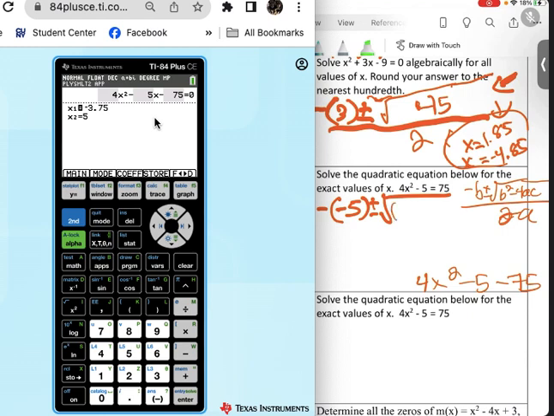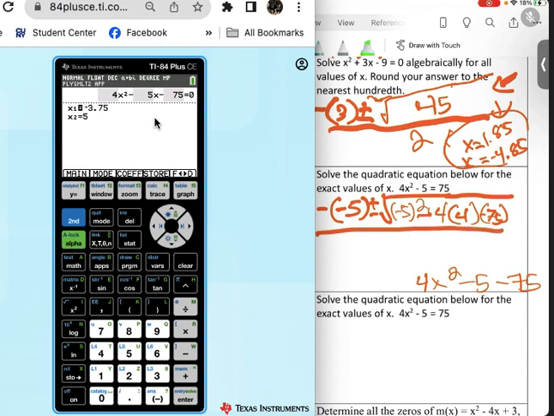Okay, so in here is minus 5 squared minus 4 times 4 times, what is c, is negative 75. I'm going to erase some of this to give me some space. So I have minus 4 times 4 times negative 75. And this is all of the radical, and then underneath is 2 times 4. Okay.